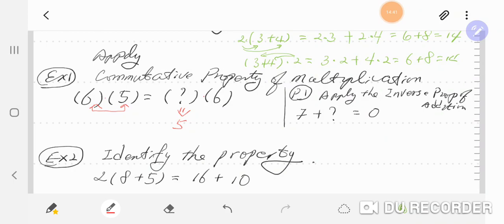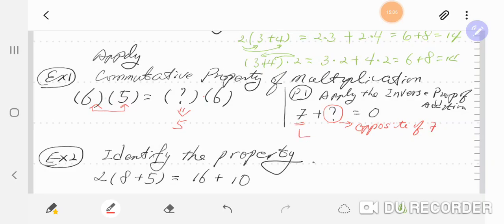Okay, now problem 1. Apply the inverse property of addition. This is an addition. Inverse property means I want to add something to a number so that the result is 0. Then what should this be? The opposite of 7, which is negative 7.